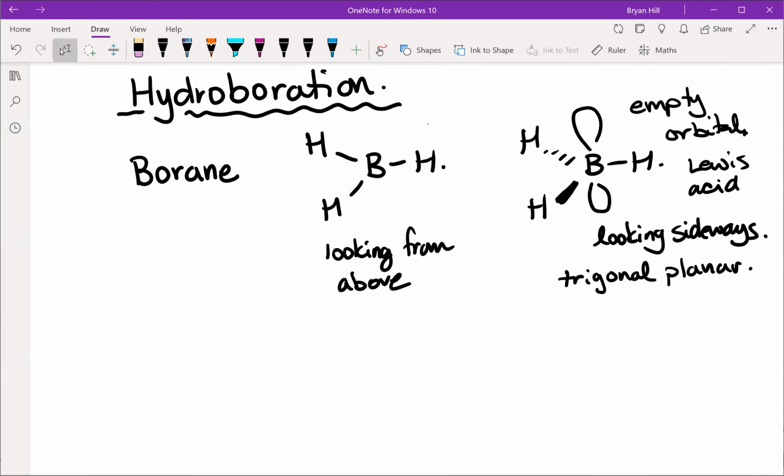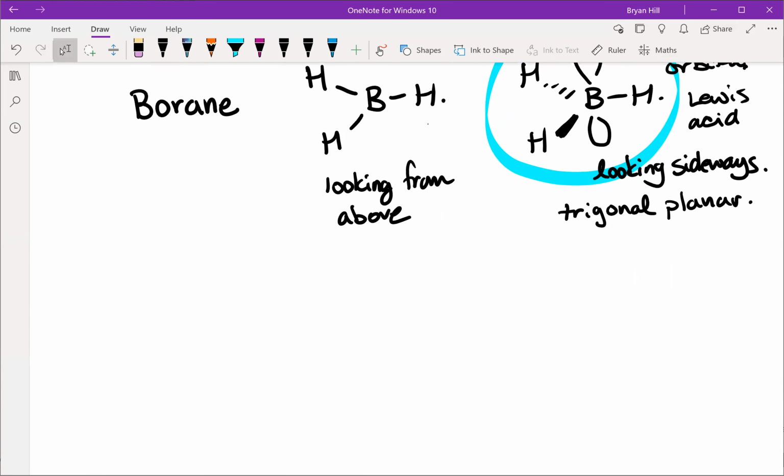Now, if you talk to an inorganic chemist, they would minorly freak out if we drew this in this fashion, because they would say, wait a second, that's total nonsense. If you've got borane and it's by itself, it's actually tetrahedral and it looks like this.